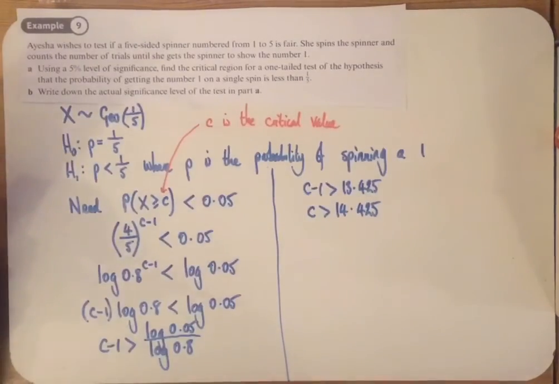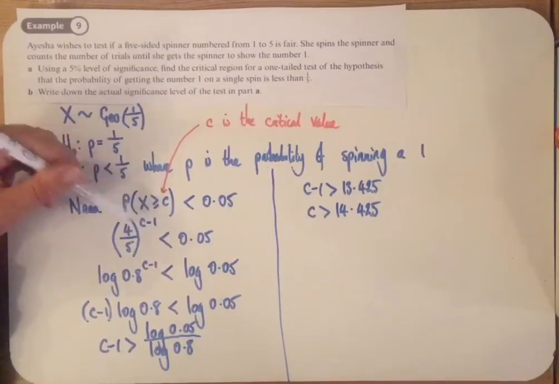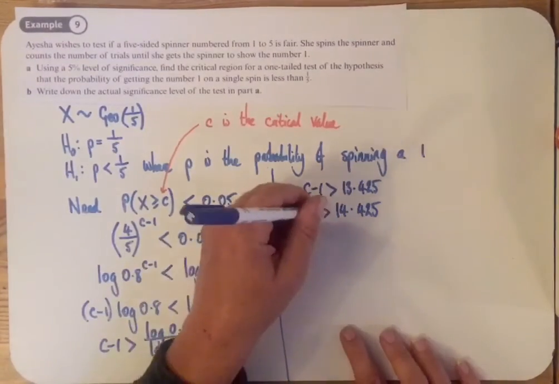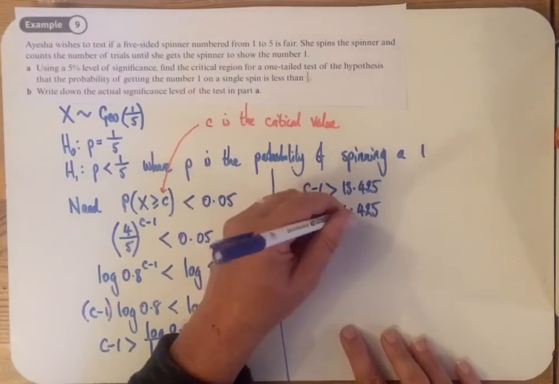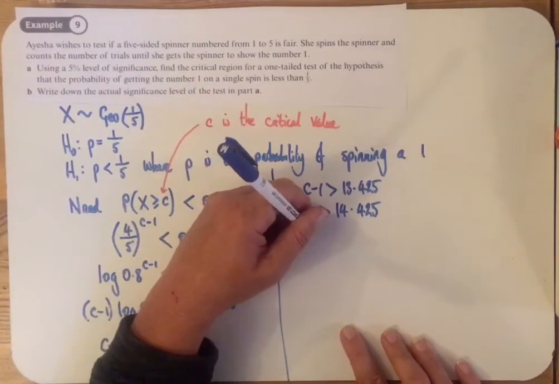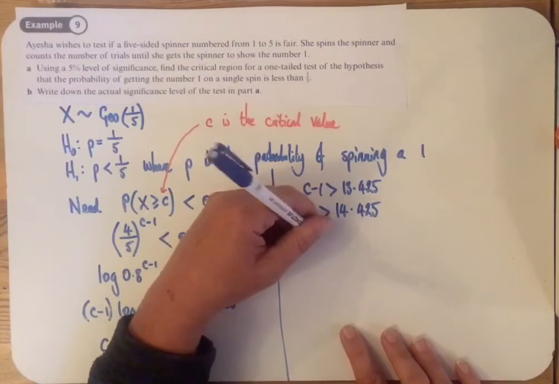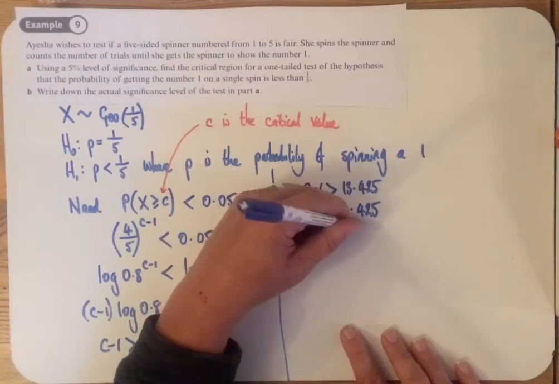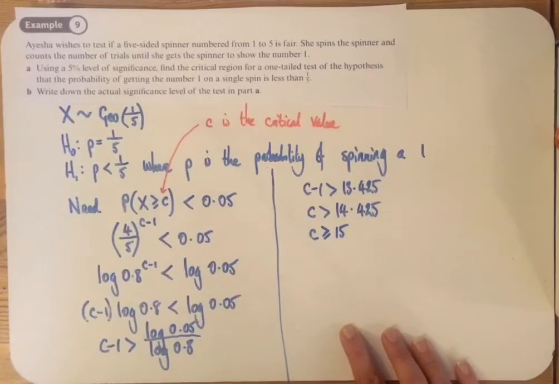Remember, c needs to be a positive integer because it's a value that x takes. It's a number of spins. So if c is bigger than 14.425, then c is greater than or equal to 15.